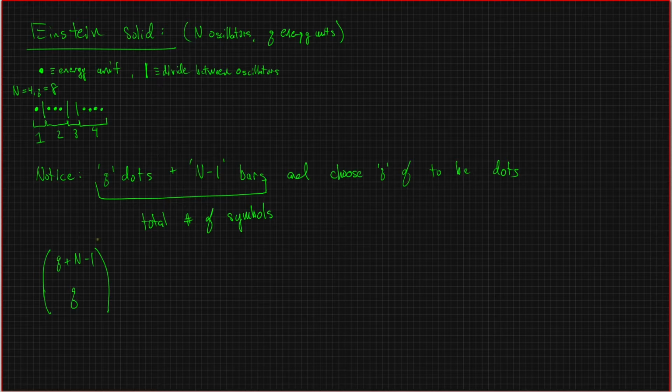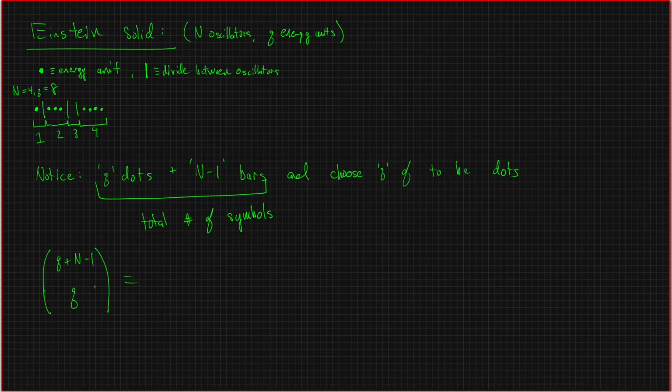So you can map the language of the binomial coefficient directly onto how you can specify the microstate of an Einstein solid using the binomial coefficient. So that's how you get from Einstein solid to binomial coefficient in a nice intuitive way.